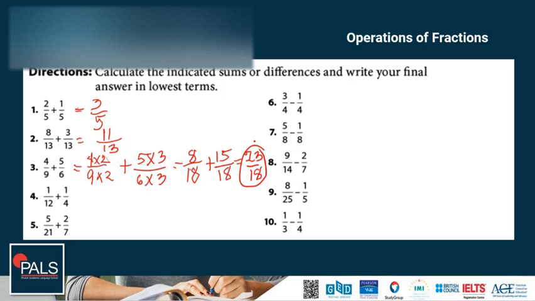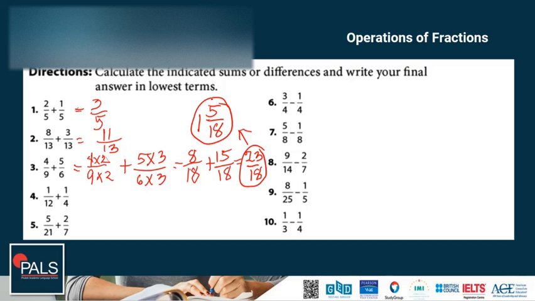But actually, 23 over 18 you can still simplify in the form of a mixed number. So you know already how to change an improper fraction to a mixed number. So the answer is 1 and 5 over 18.